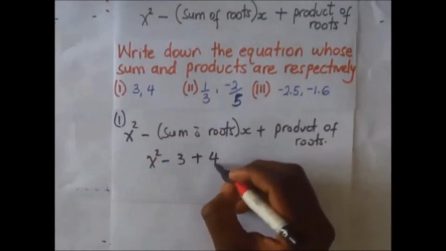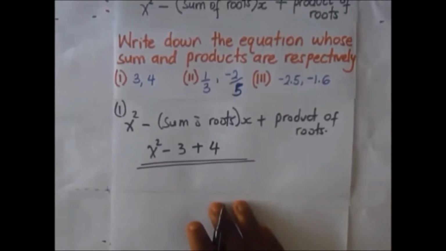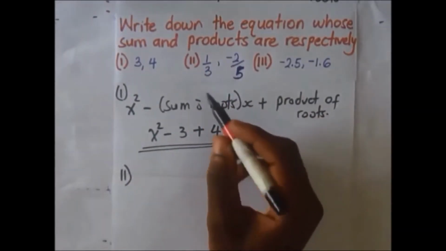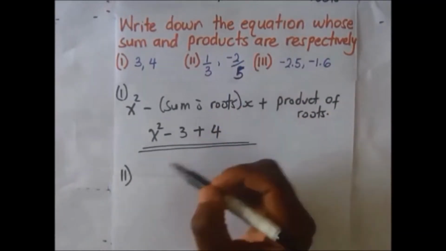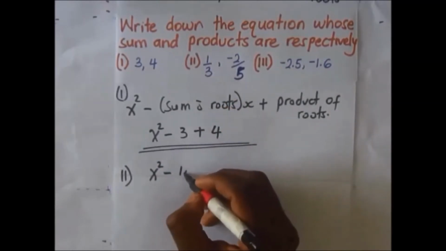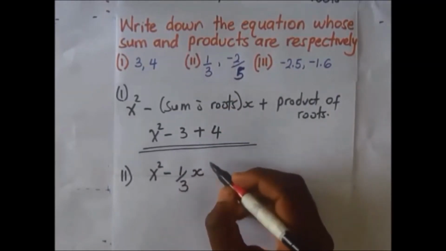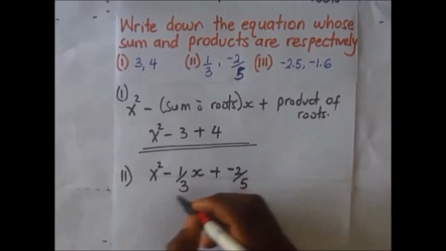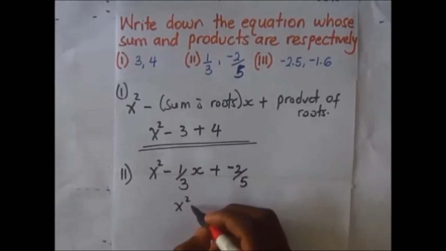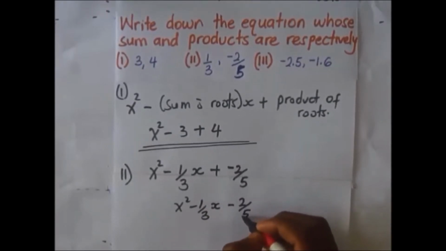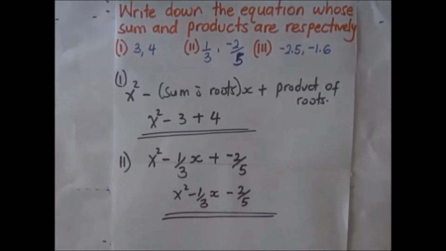The product is 4. So that's the quadratic equation, as simple as that. Roman 2: the sum is a third, product is negative 2 over 5. So it's going to be x squared minus the sum of the roots, a third, x plus the product of the roots, which is negative 2 over 5. So you'll end up with x squared minus a third x minus 2 over 5 as the quadratic equation.